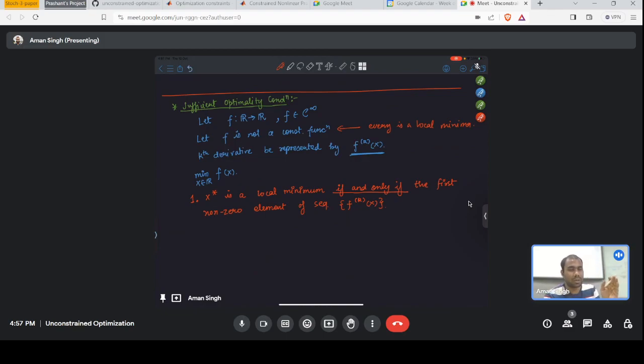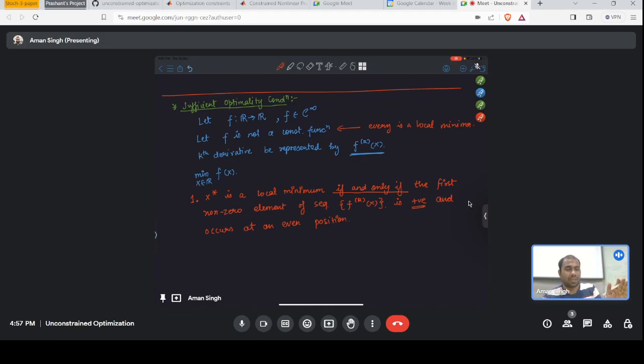So basically it is saying the first non-zero element of sequence f^k(x). So let's say you make a sequence f'(x), f''(x), f'''(x), and so on. A sequence of kth derivatives of the function. Then the first non-zero derivative, basically this is what this statement is saying, is positive and occurs at an even position.